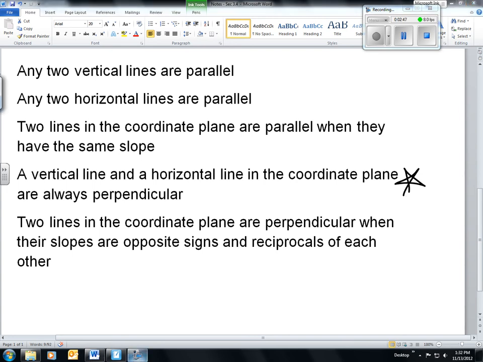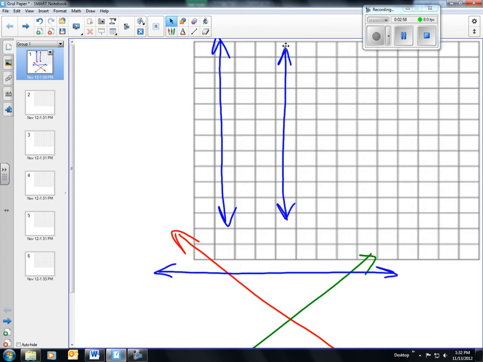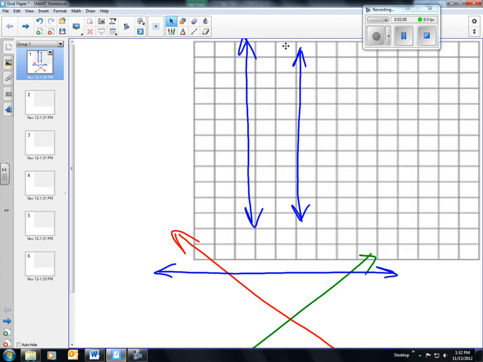And then two vertical lines are always parallel, so that would mean we have two vertical lines looking like that. Those two blue lines here are always going to be parallel to each other, so they're always vertical.